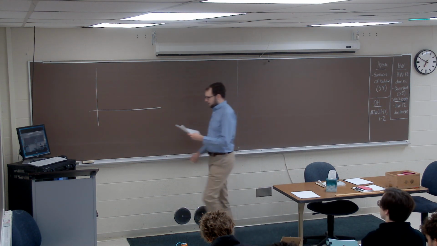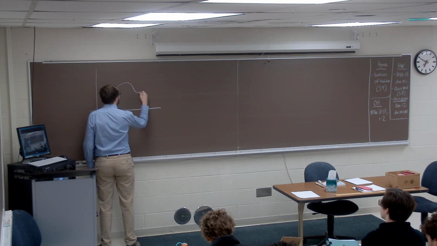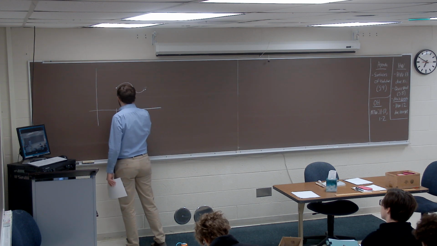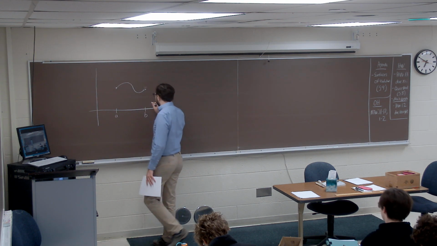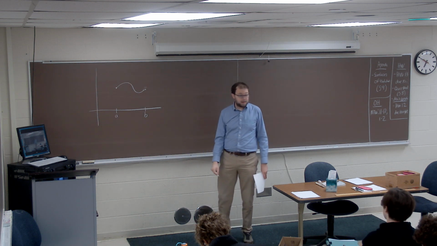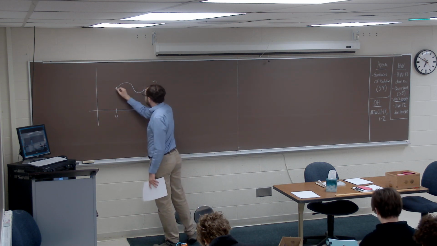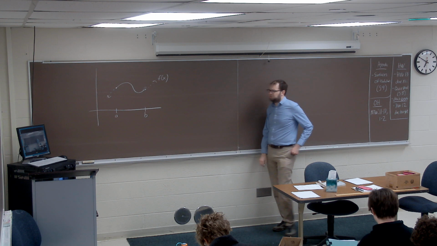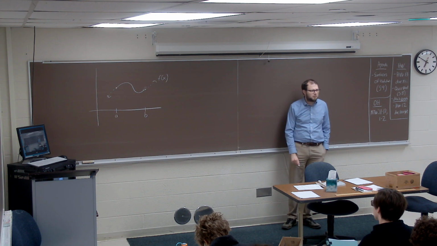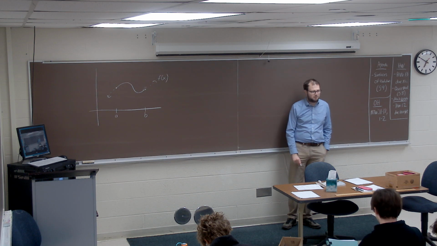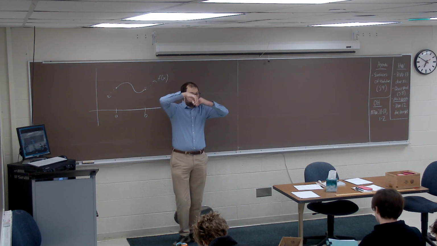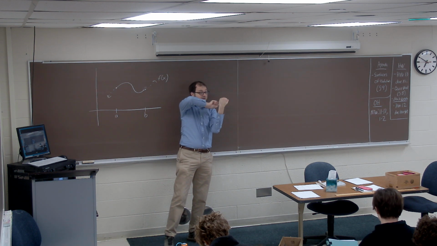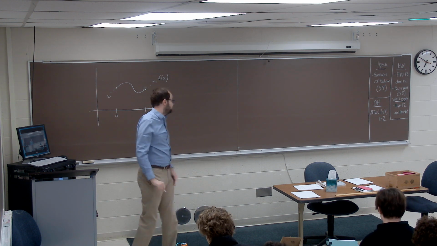But instead, the idea here is we're going to be doing something three-dimensional today. So we're going to take some function, f of x, from x equals a to x equals b. And we're going to do something we haven't done before. We're going to jump into the third dimension. We're going to take our curve and spin it in a circle around the x-axis.